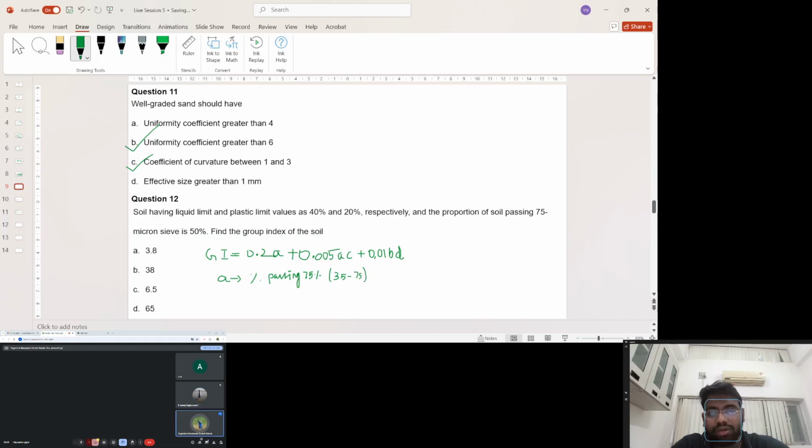All right. Now, how will we calculate a? This percentage should be 35 to 75, and first you have to check whether the given percentage is falling in the range. So 50% is falling under this range.